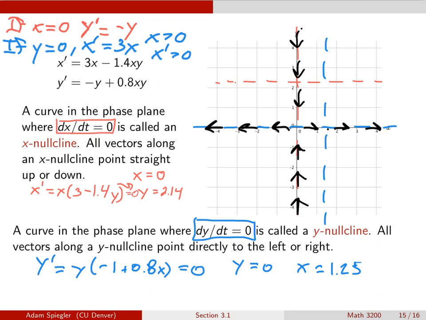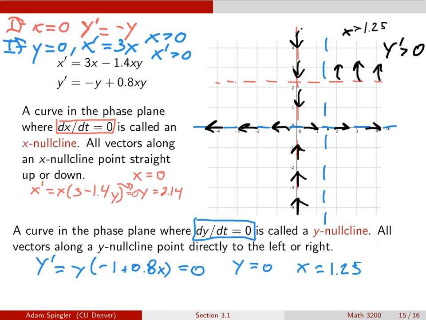And I would encourage you to think about what to do with the other nullclines. The analysis is the same. Maybe the algebra is just slightly more difficult. But what you should be able to show is that along the nullcline for y equals 2.14, as long as x is bigger than 1.25, you'll see that in this case y prime is positive, and that's why these are pointing up.